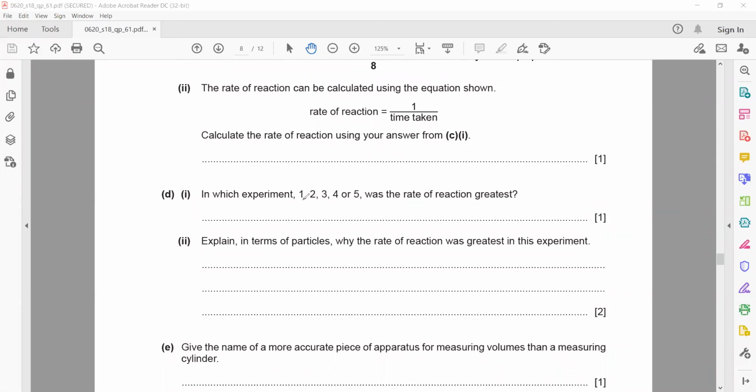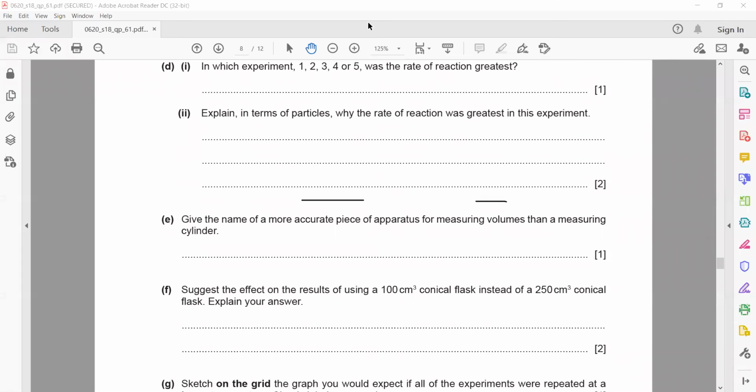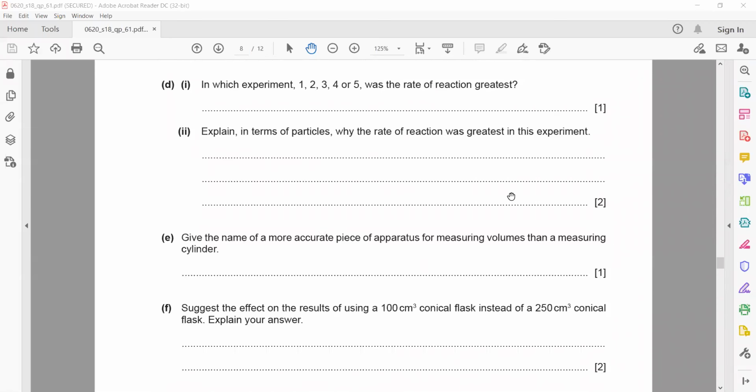In which experiment, 1 to 5, was the rate greatest? In which experiment was the rate of the reaction greatest? Experiment 1. And what could be the reason for that? Explain in terms of particles why the rate of the reaction was greatest in experiment 1.